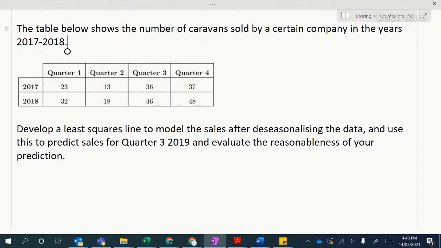Okay, so this is a really big question. It's got a lot of components in it. If you're looking at that and you're stuck, the difficulty is that the question is telling you to develop the least squares line to model the sales. But there's a few steps that you need to do before you get to that step that they're not telling you about.